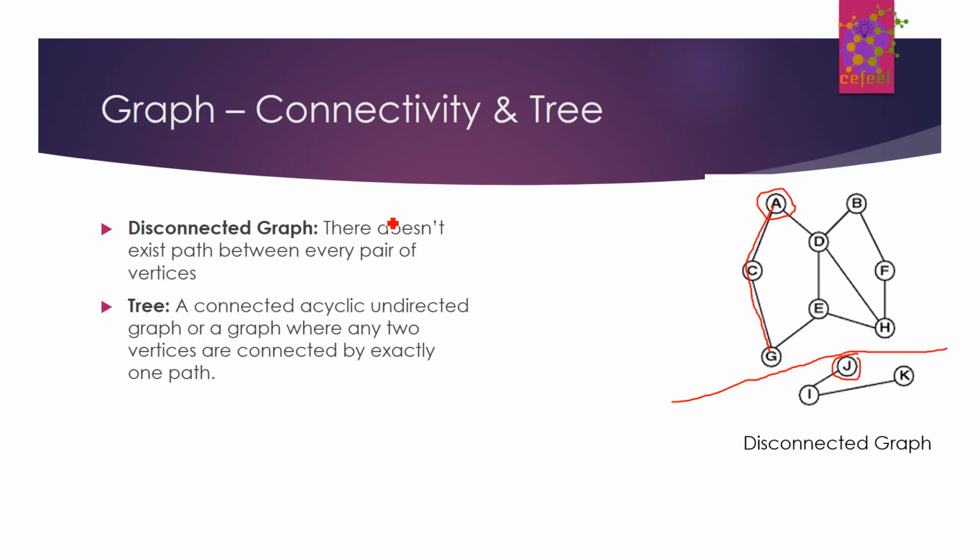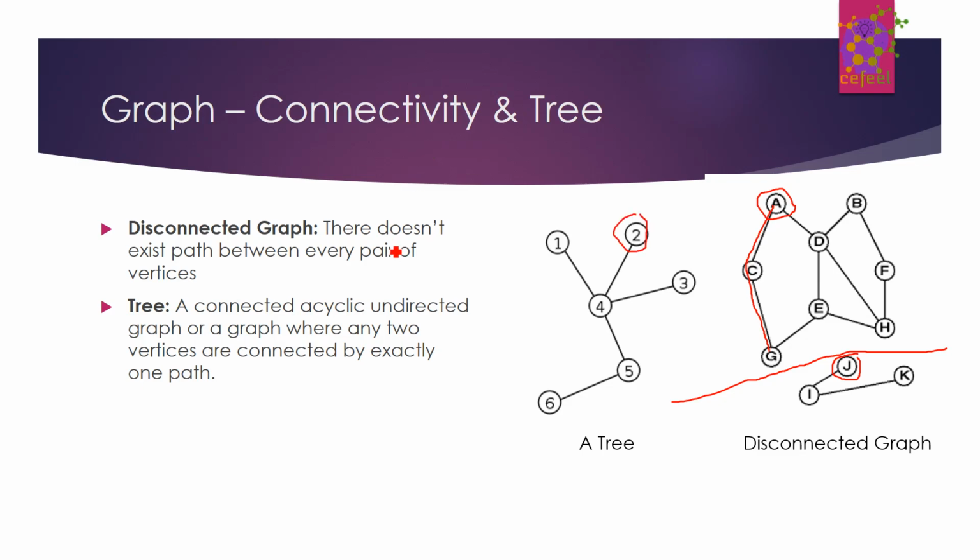There is also another way to put it: if we take any two vertices in a tree, we'll always have exactly one path, because if we have multiple paths to reach two vertices, then it actually forms a cycle. So as per our definition, there is only a single path between any two vertices.